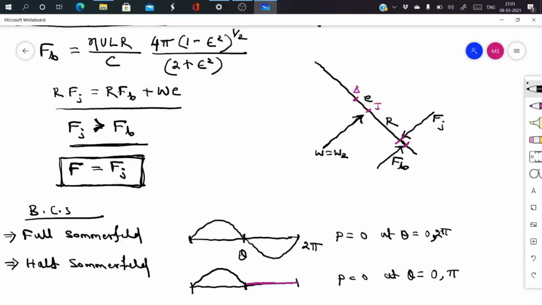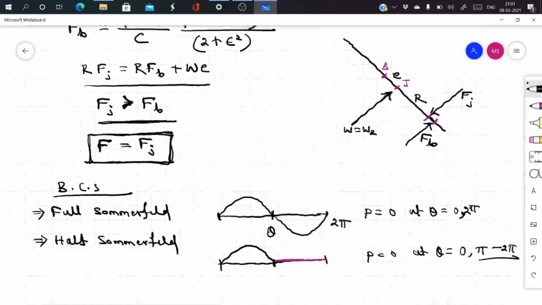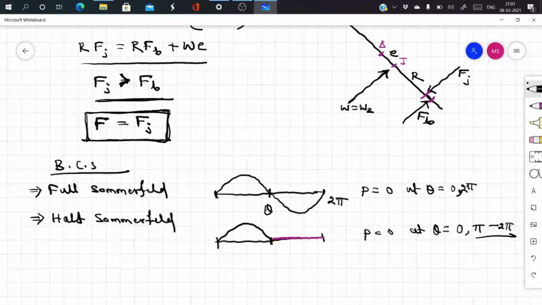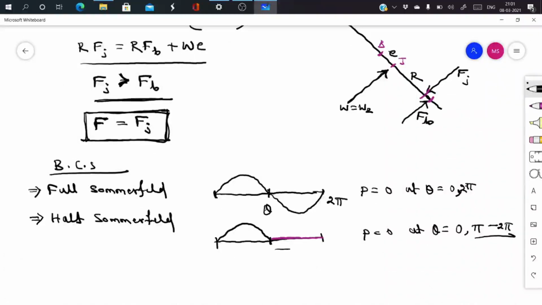Okay, 0 and pi, or greater than pi, from pi to 2 pi, all over the region P equal to 0. So basically forcefully we are taking out this pressure from here to here. So we are just considering half of the portion, the positive part.